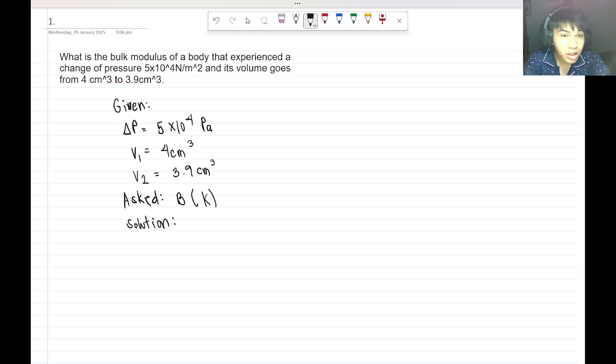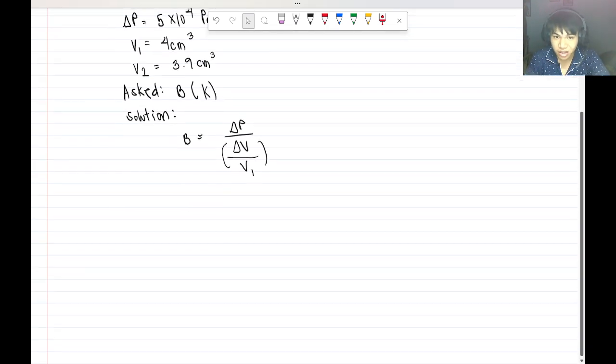The first part of fluid mechanics is a rough review of what we learned in physics. So the formula would be delta P, the change in pressure, over delta V over V. This V is the original volume, so that would be V1. And the unit of bulk modulus is still in terms of pressure, so pascals.